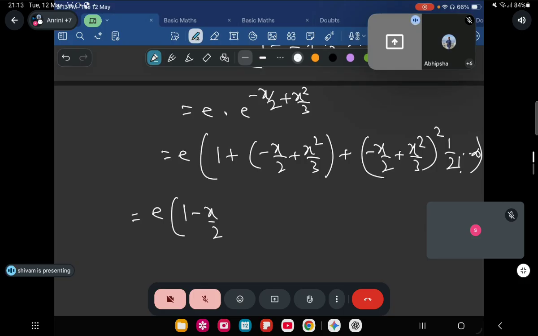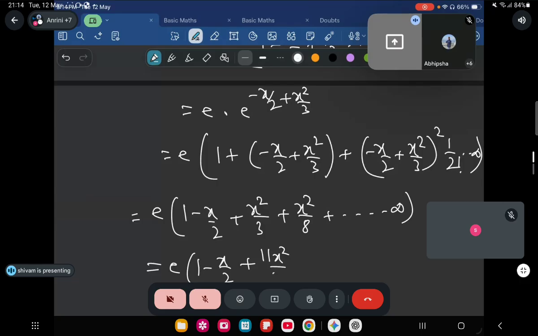For x square, what will it be? It will be plus x square by 3, and over here plus x square by 8. Plus dot up to infinity. So when you simplify, this will become e into 1 minus x by 2 plus 11x square by 24 dot up to infinity. If there's anyone having any doubt, you can ask me now.